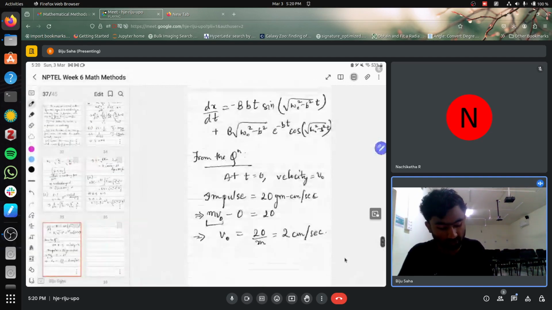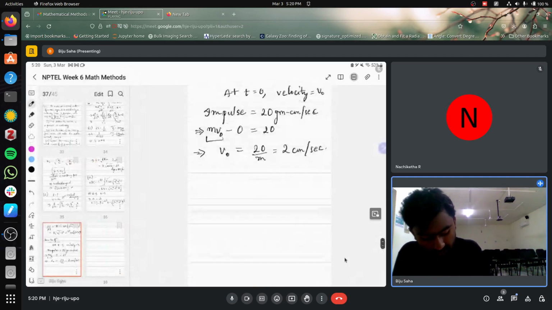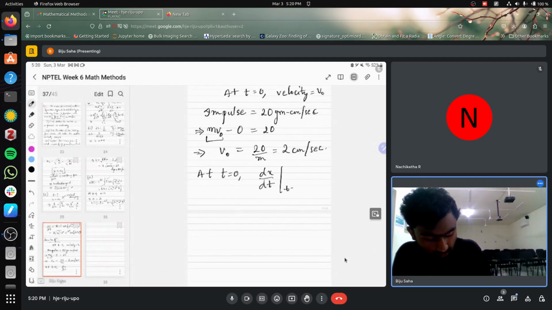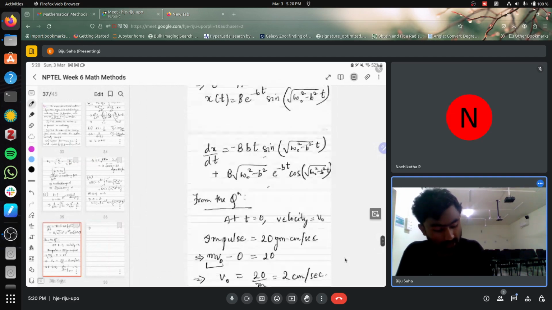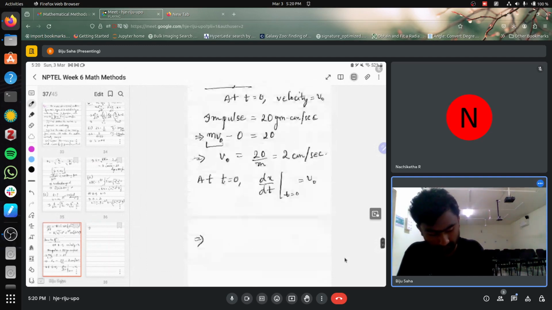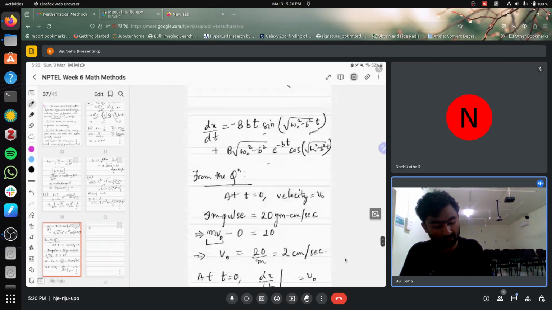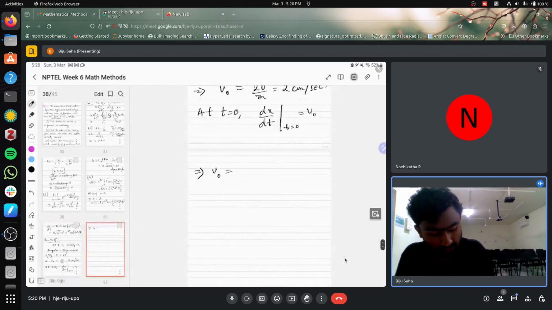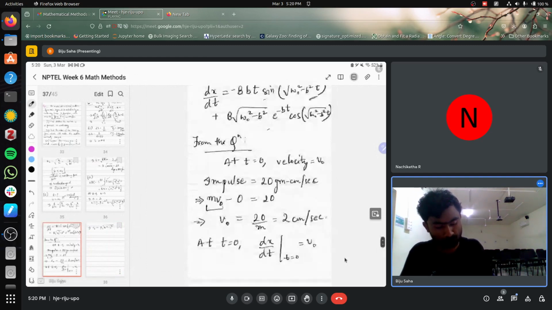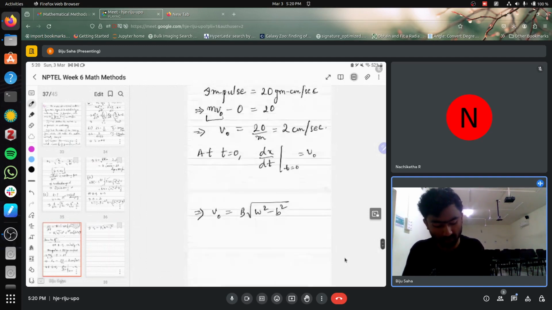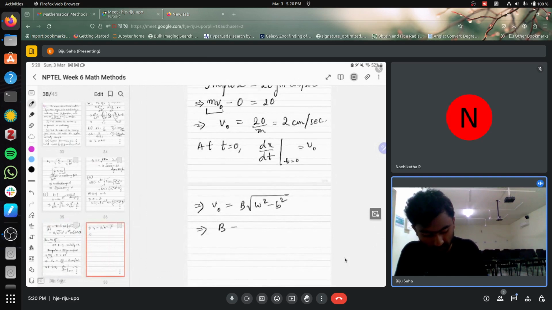So I even got the value of v0. So at t equal to 0, dx by dt is equal to v0. I put t equal to 0 here, and this term goes away. I only have v0 is equal to... So this is all I have. So my b is equal to v0 omega square by b square.